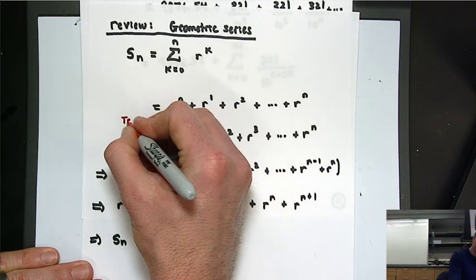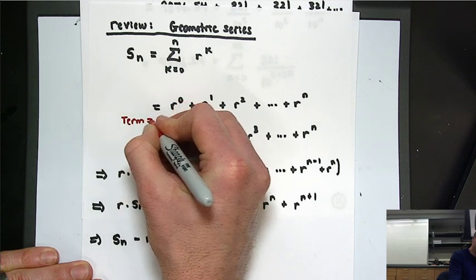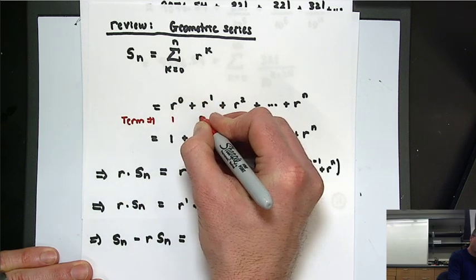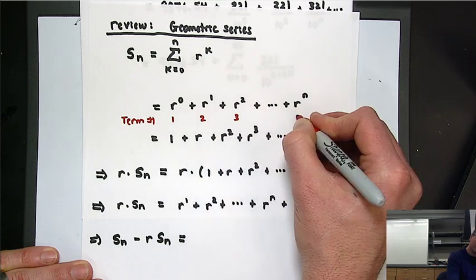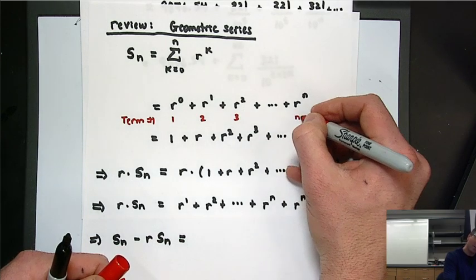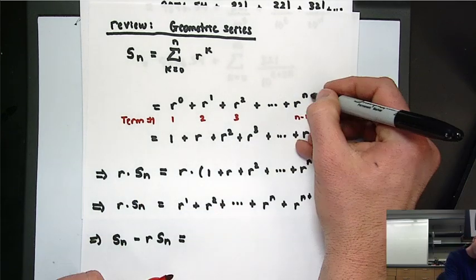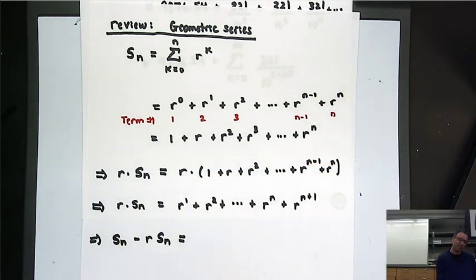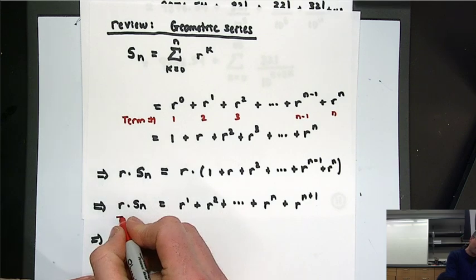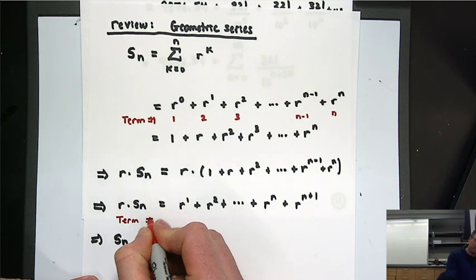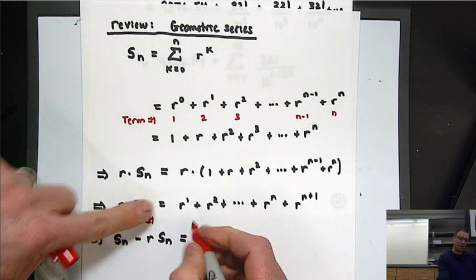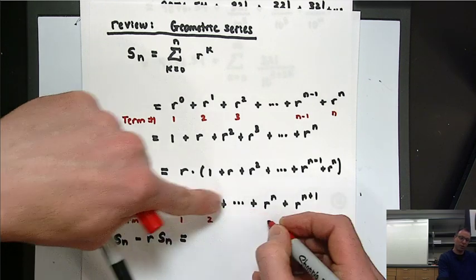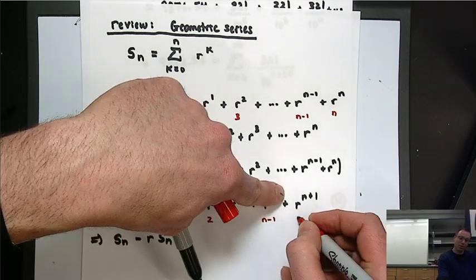Let's go ahead and just look at term number. We'll call that term number 1, term number 2, term number 3, term number n minus 1. We'll call that term number n, right? Okay, let's look at term number over here. Term number 1, term number 2, term number n minus 1, term number n.